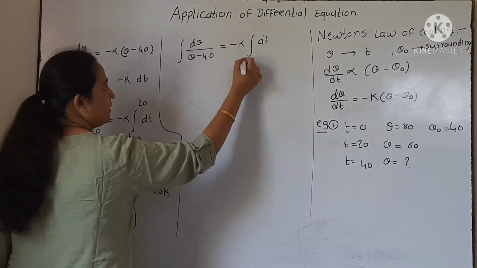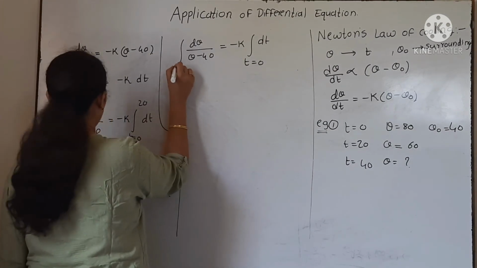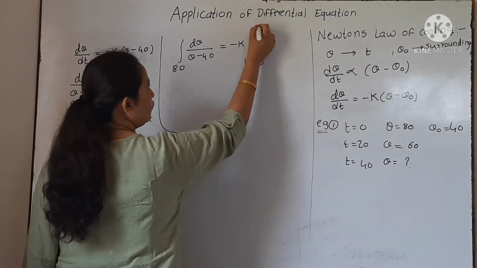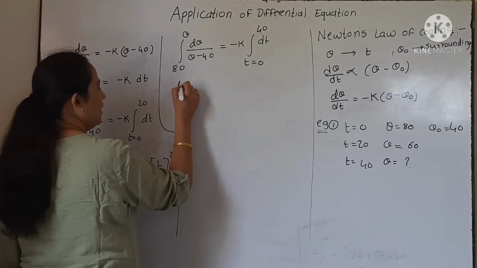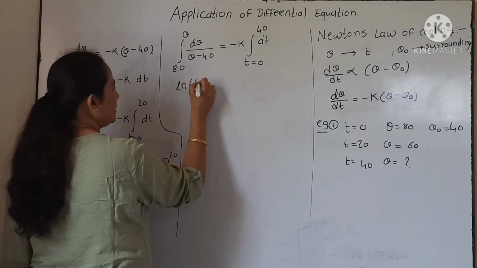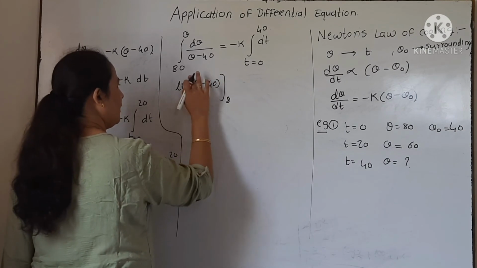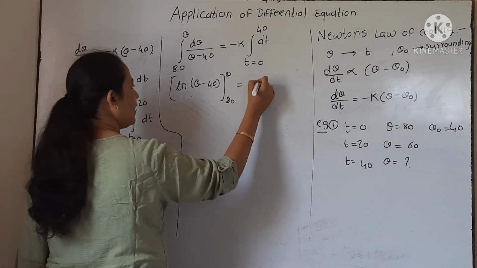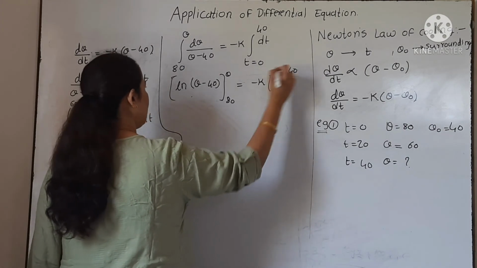So we want the temperature, say at t is equal to 0, the temperature is 80. When t is equal to 40, we want the value of theta. I will keep it theta only. So it is ln of theta minus 40 limits from 80 to theta equal to minus k integral of dt is t limits from 0 to 40.